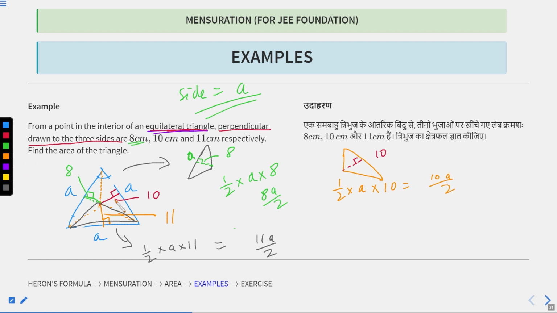Adding all of them, I'll get the area of the whole equilateral triangle. So the area of the equilateral triangle is equal to 8A by 2 plus 10A by 2 plus 11A by 2, which is equal to, this is 18 and this is 29.